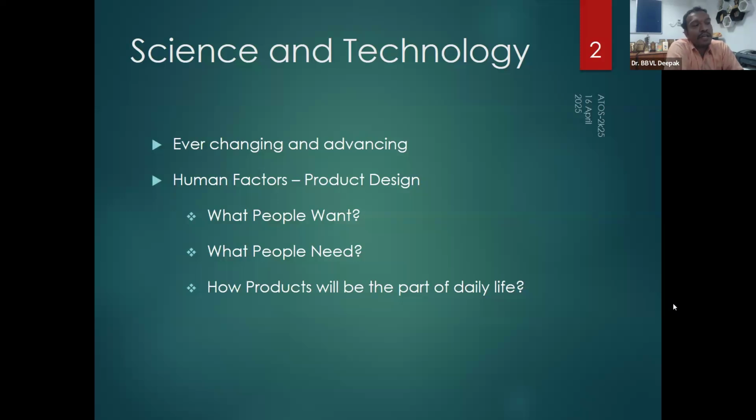Based on these two questions, what users want to use and what users need, we get a lot of new product concepts in our daily life.